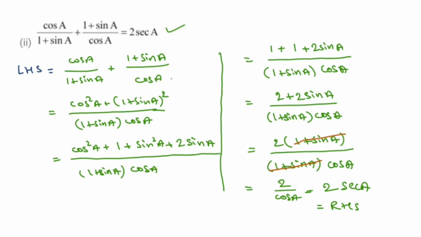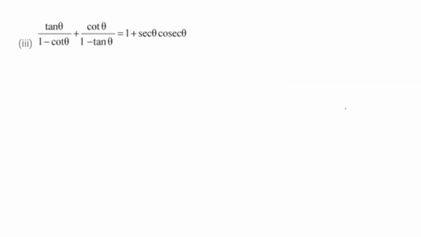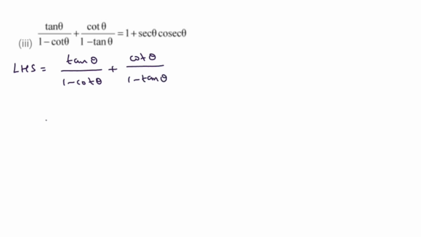So this is proved. Third question: tan theta divided by (1 minus cot theta) plus cot theta divided by (1 minus tan theta) equals 1 plus secant theta into cosecant theta. Consider the LHS. Tan theta divided by (1 minus cot theta) plus cot theta divided by (1 minus tan theta).